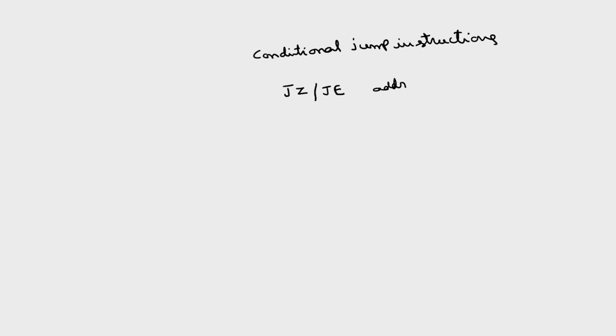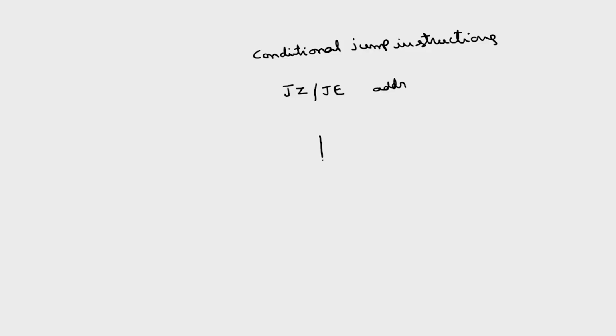As the name implies, if the zero flag is set, then only it will go to that particular address which is specified, otherwise it simply skips this instruction and goes to the next instruction. For example, if I check here, this is the flow of instructions.